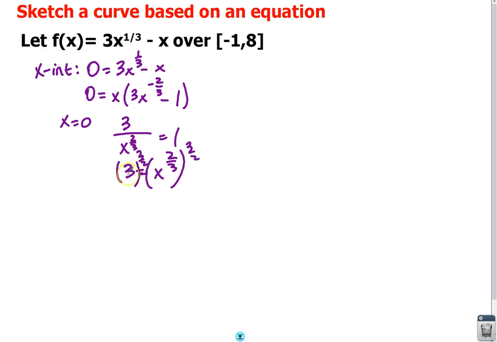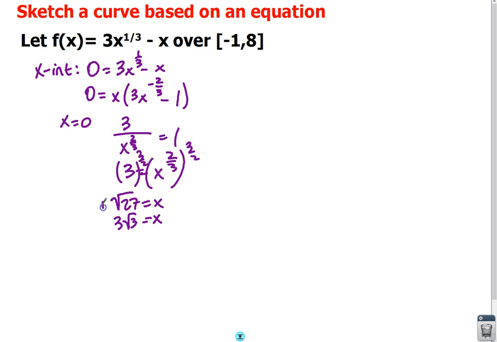So x equals 3 to the 3/2, so 3 cubed is 27, over 2, so the square root of 27 equals x. You could leave it at that, or you can leave it as x equals 3 root 3. And that's going to be plus and minus.